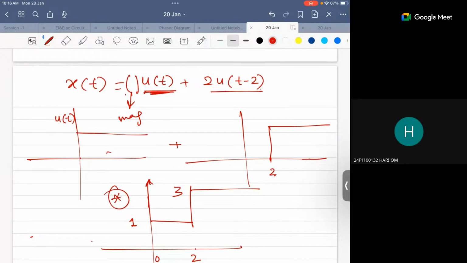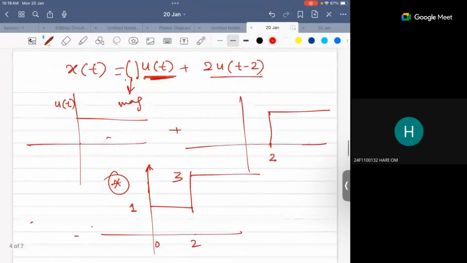Now there is a jump at t equals 0, so you have made a jump. From minus infinity you came like this, right? And then at t equals 0 you saw that a magnitude of 1 has been added. I told you, this is the magnitude and this is the value at which you'll have to take a jump.